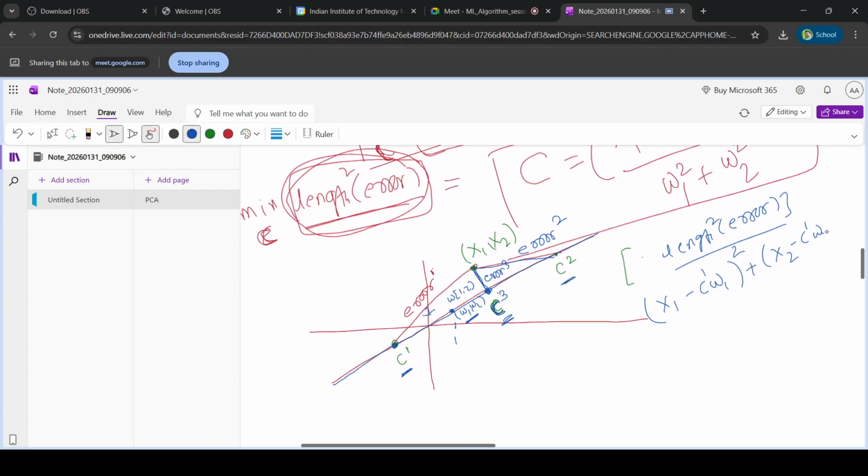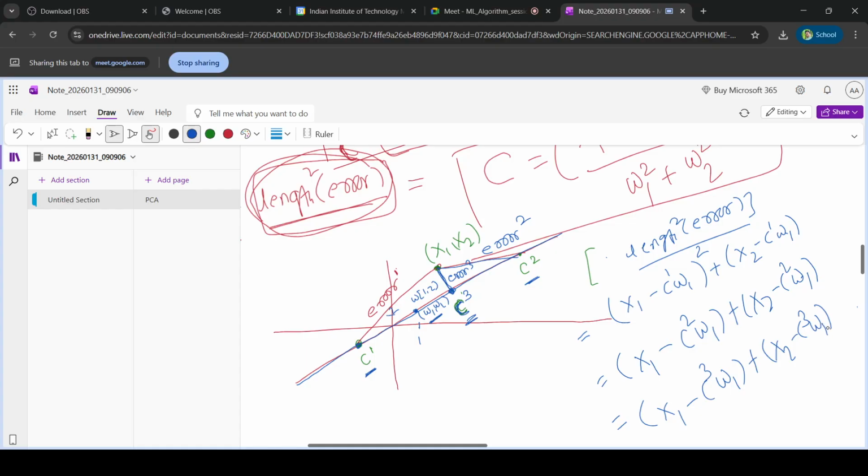So we are finding this value, or you need to find x1 minus C2 W1 plus x2 minus C2 W1, or you need to find x1 minus C3 W1 plus x2 minus C3 W1.